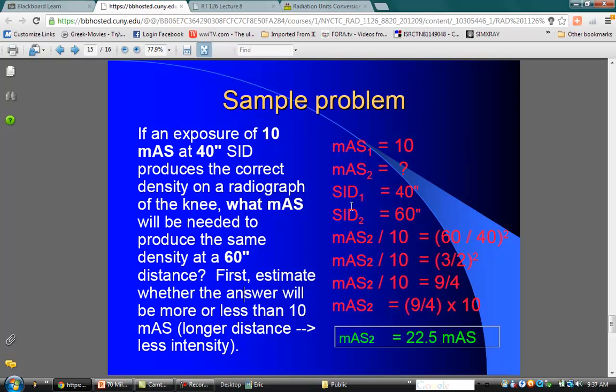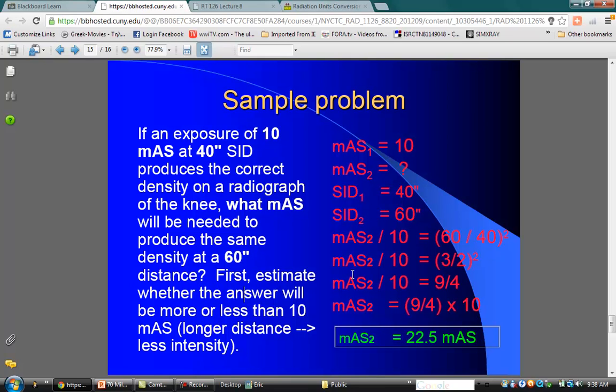So, our second mass is unknown. We're going to divide that by our first mass. So mass 2 over mass 1 is equal to the second distance divided by the first distance, squared. So again, that's the hard part.